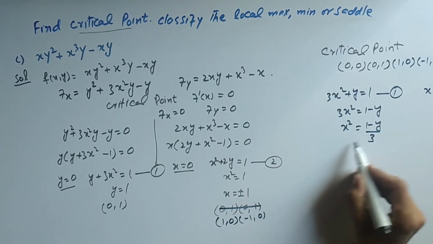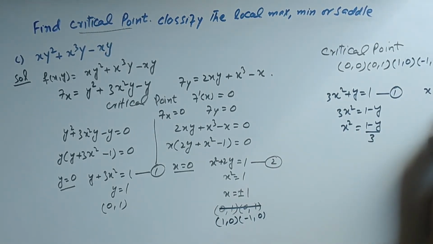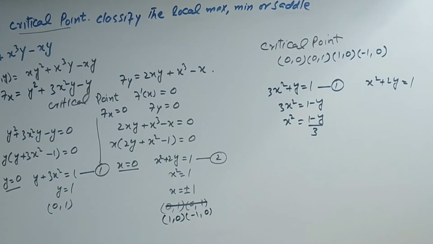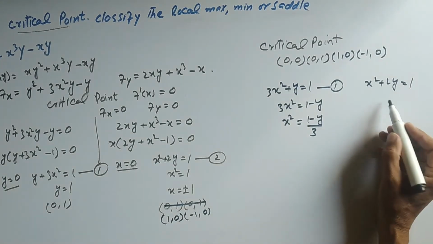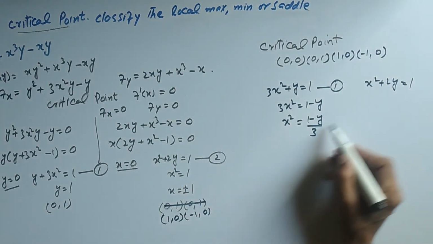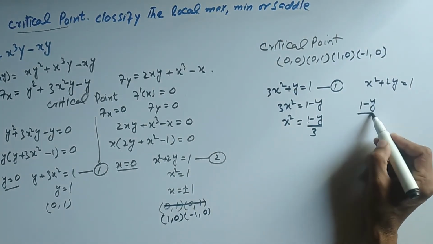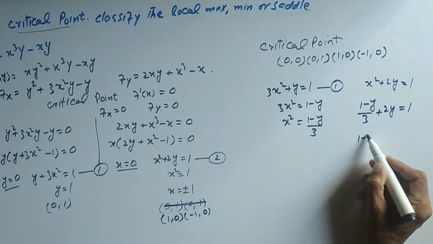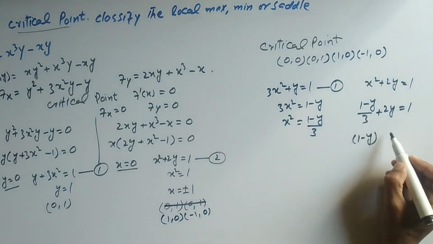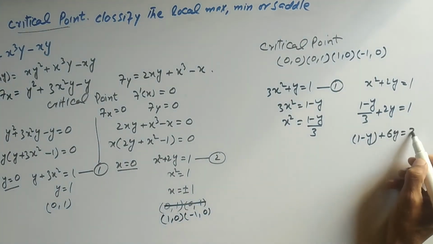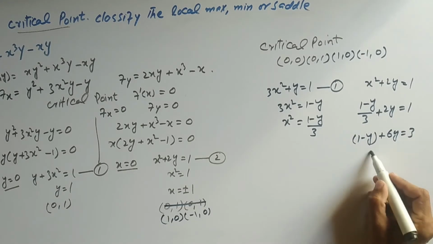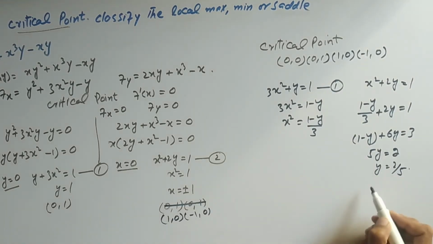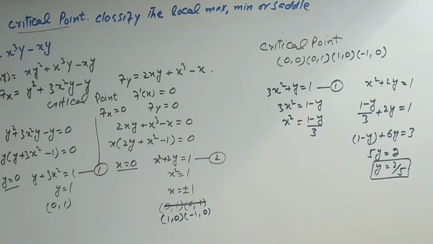Now I will put this value into x square plus 2y equals 1. So (1 minus y) upon 3 plus 2y equals 1. Multiplying by 3, 1 minus y plus 6y equals 3, so 5y equals 2, and y equals 2 by 5. The value of y will be 2 by 5.